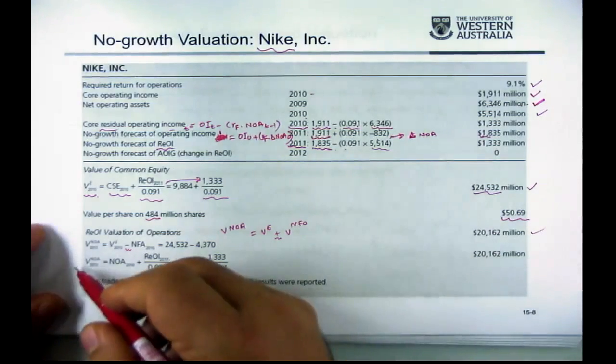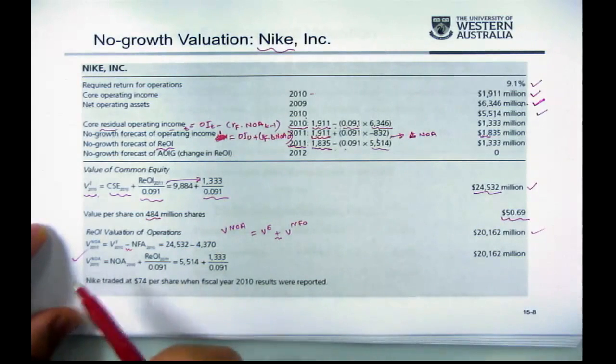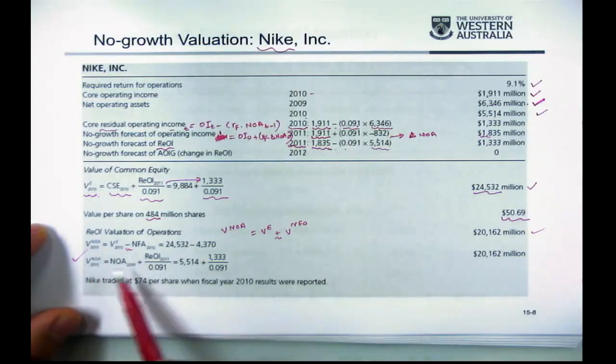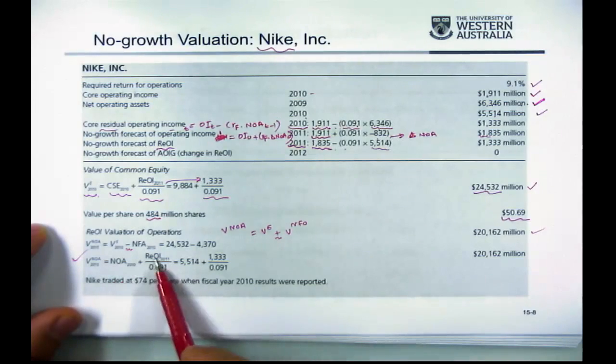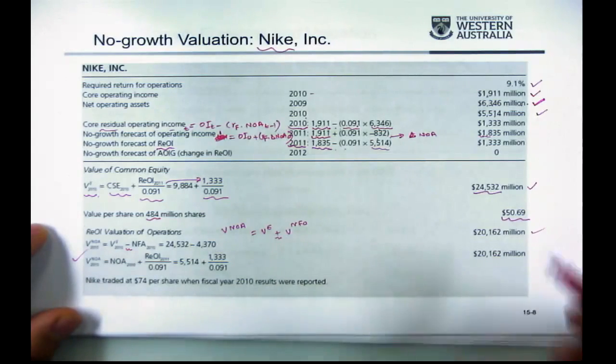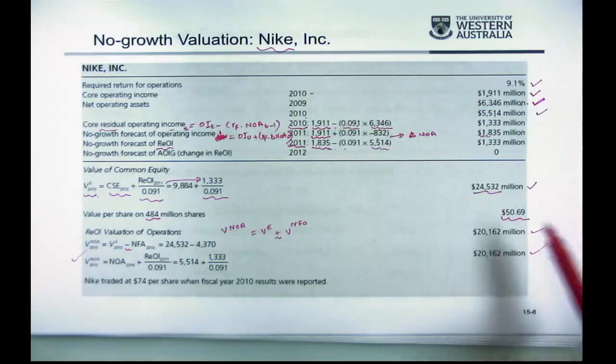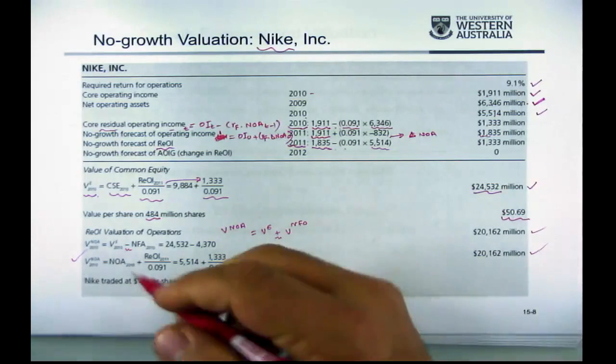Alternatively, we can apply this formula to value the firm. The value of the net operating assets in that year is equal to the book value of net operating assets at that time plus the capitalized residual operating income. We will get the same value here. Now this is the value obtained assuming no growth, and this is the observed market price.